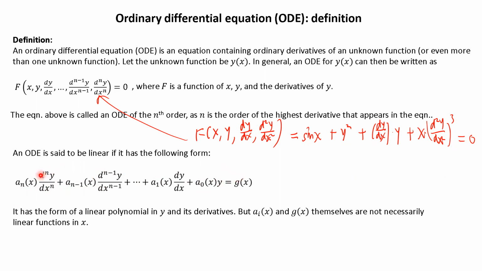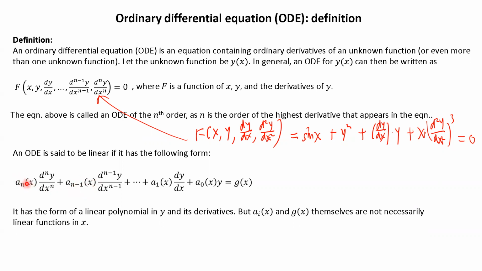And now you can see that for each derivative term in front, we have some coefficient function. These functions can be any function of x. They don't need to be linear.